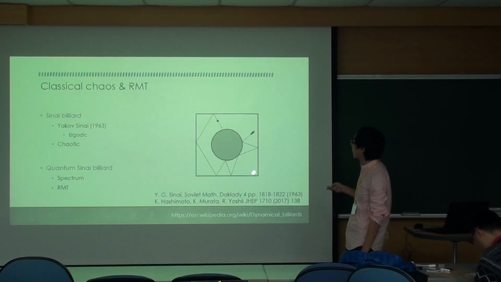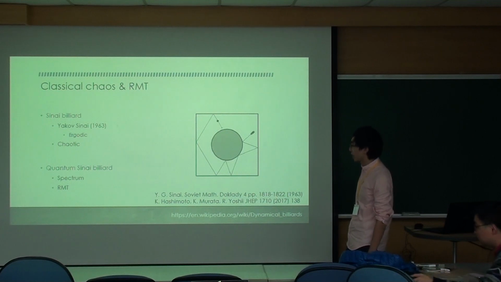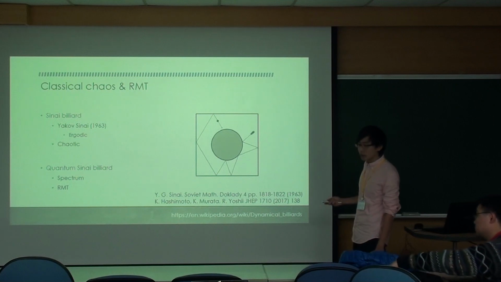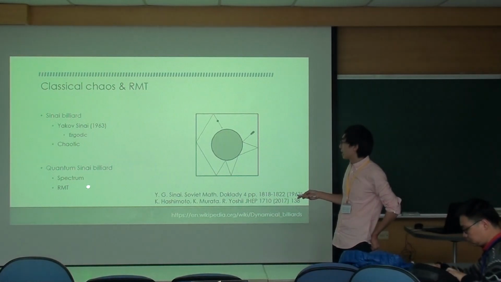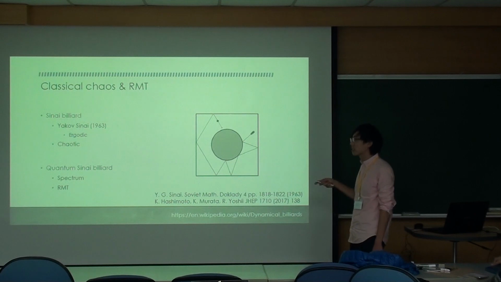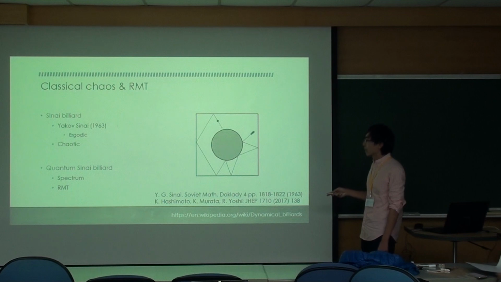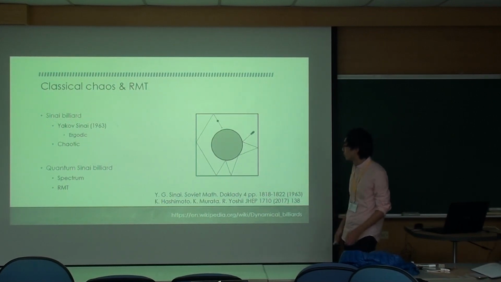If we solve for the spectrum of this quantum system and look at it, it is observed that the spectrum follows the random matrix theory behavior, which means that if a quantum system's spectrum follows random matrix theory, the classical version of this system is chaotic. So this is how we started to be inspired to use random matrix theory to study chaotic systems, or to study quantum chaos.